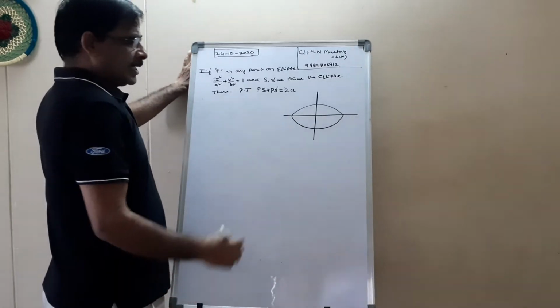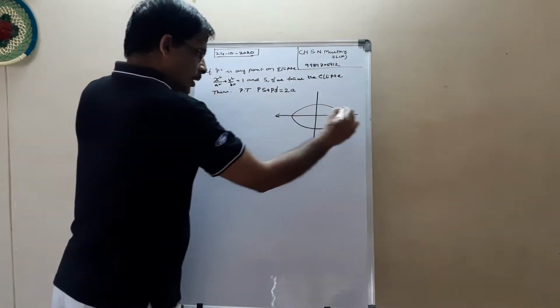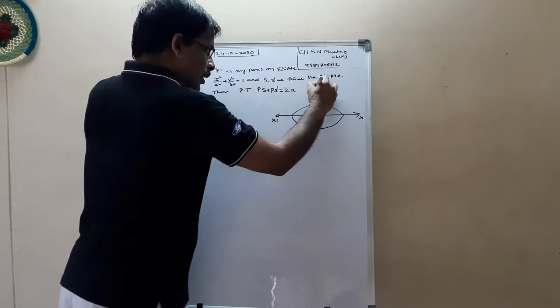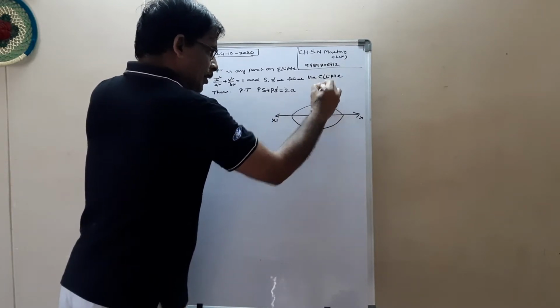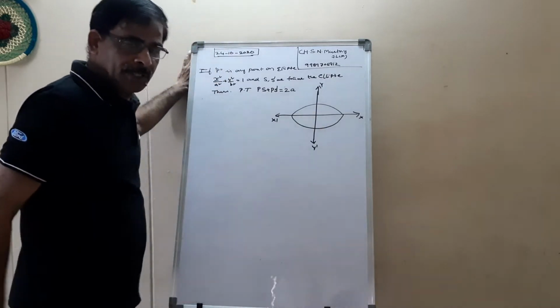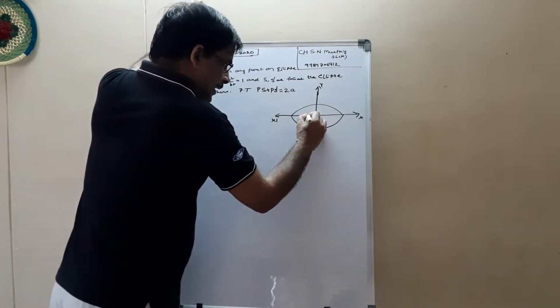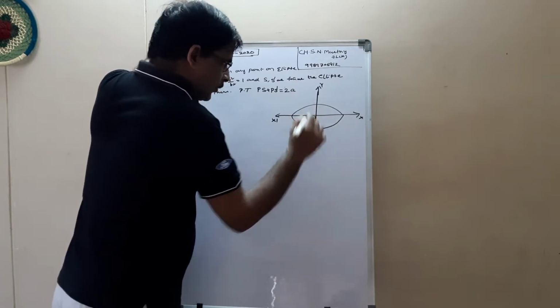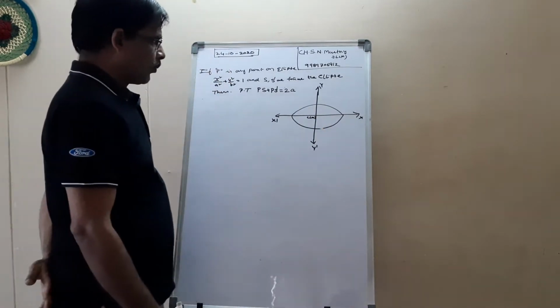See, this is our ellipse. X dash, here Y dash. See, these are intersecting at a point, the center C equal to 0, 0.